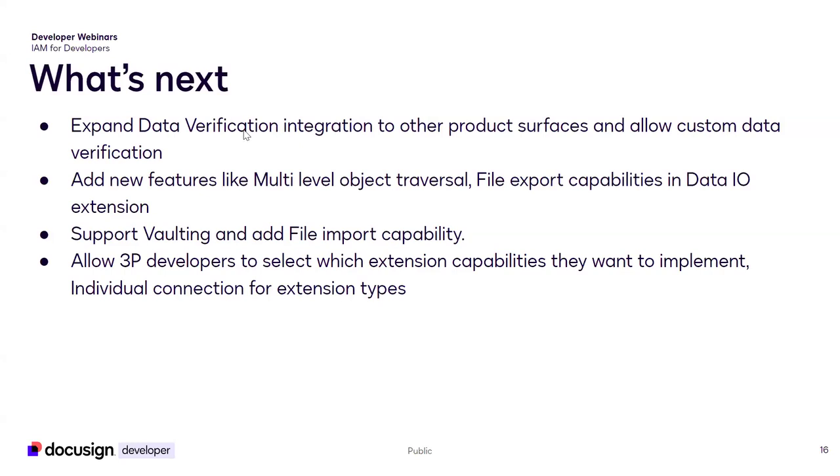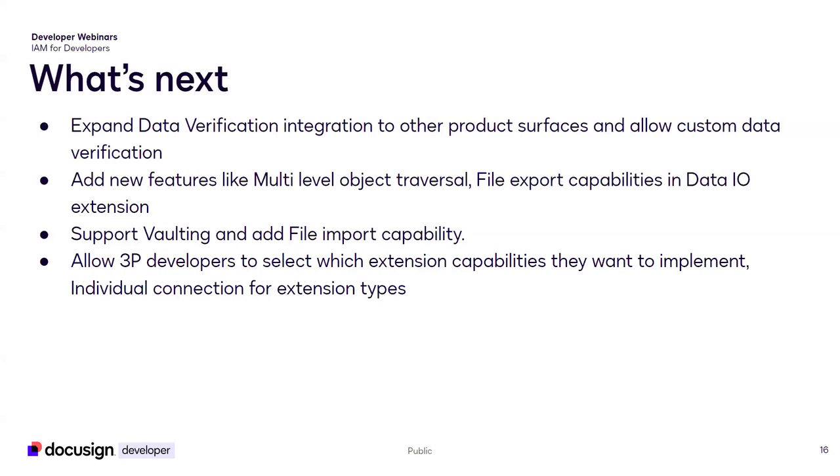In order to improve this customer experience, we will be supporting customers to select records from child objects. Additionally, we will also be supporting an ability to store the signed agreements in their system of records, which will use our file archive extension.